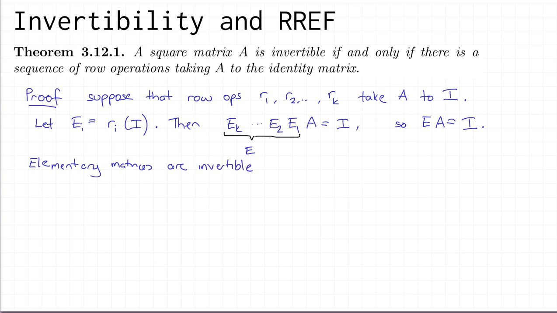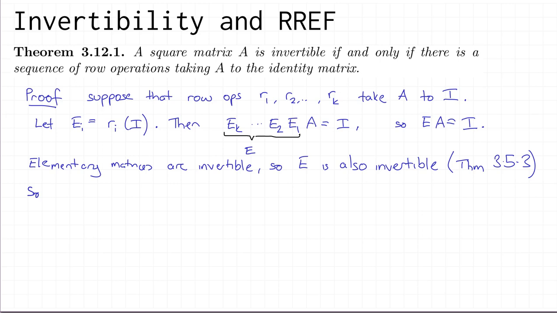And we also know that if you have a product of invertible matrices, then that's also invertible. So E is also invertible. We showed that a product of invertible matrices was invertible in theorem 3.5.3. Okay, so E is invertible. So what can I do now?